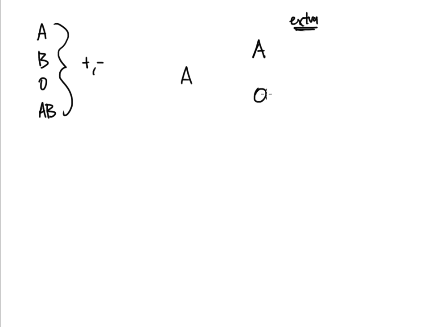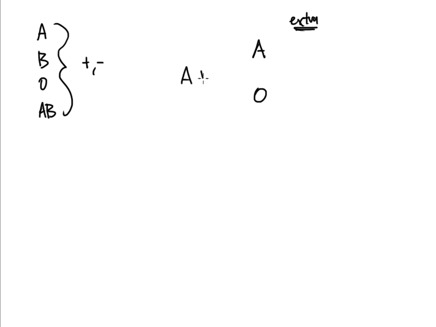Because of that, your body does not recognize it as a foreign invader. There's nothing there. It's not bringing anything extra that hasn't been there previously. So A could take A blood, but A could also take O blood.